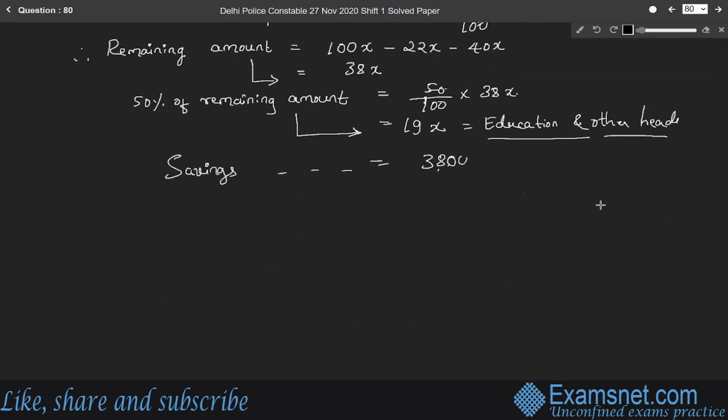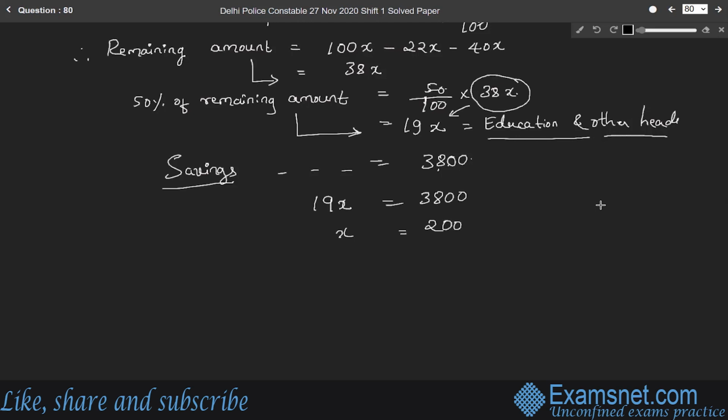What is the part of savings? That is again 19X. Out of 38X, 19X is taken for education and other heads, so the remaining is for savings. Therefore, 19X, the savings, is equal to 3800. X is equal to 200.